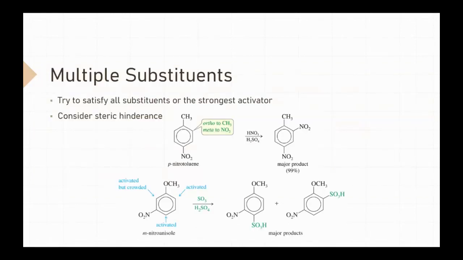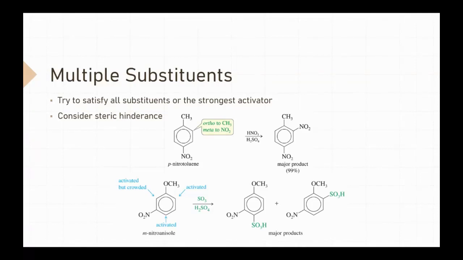Okay, now what if you have multiple substituents, right? If you have multiple substituents, it will try to satisfy all the substituents, or the strongest activator. Also consider sterics. So for this one, we have NO2, which is a deactivator, and CH3, which is an activator.